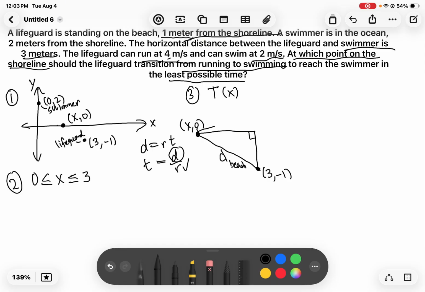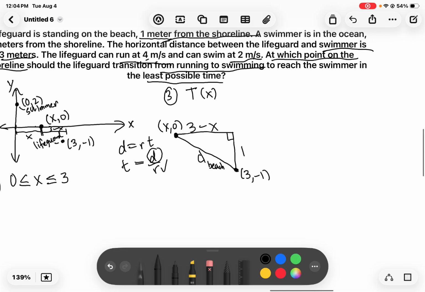How long is this length right here? We know that this length right here is x, and the total length is 3. Therefore this length right here must be 3 minus x. And then this vertical distance is just 1.